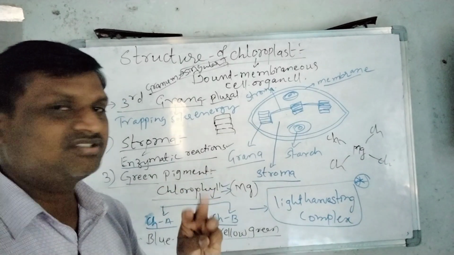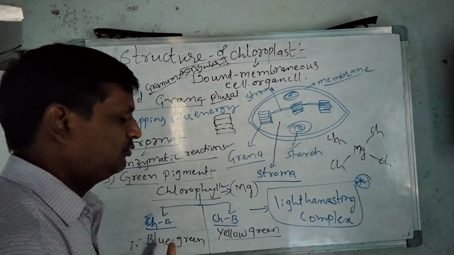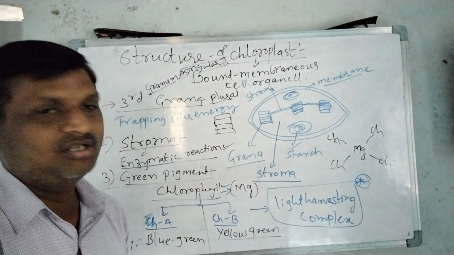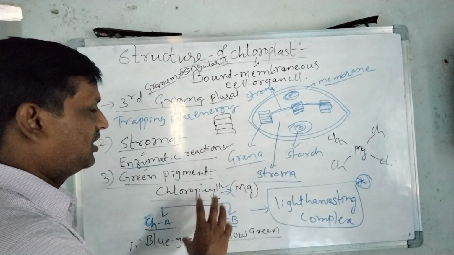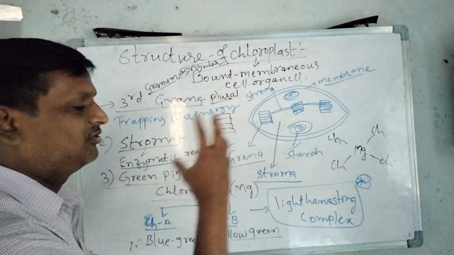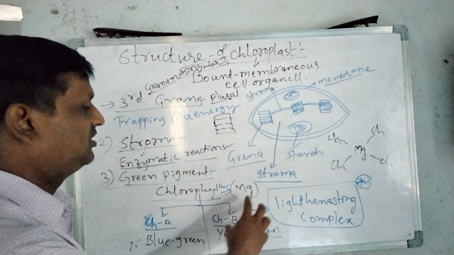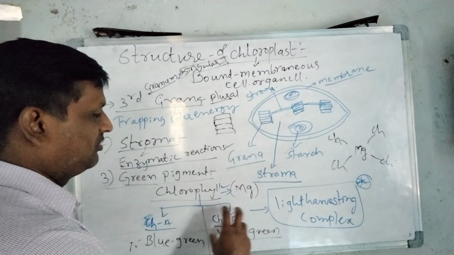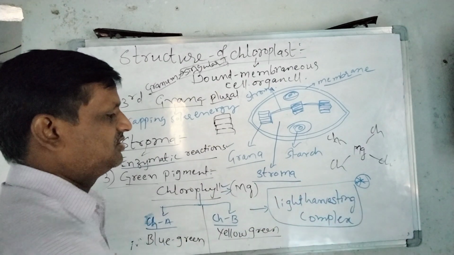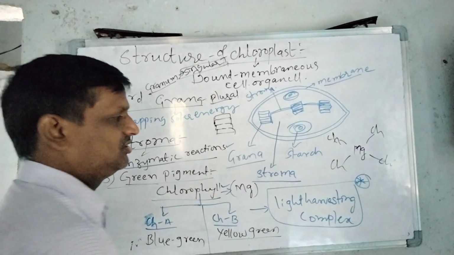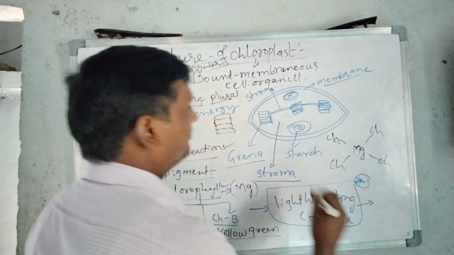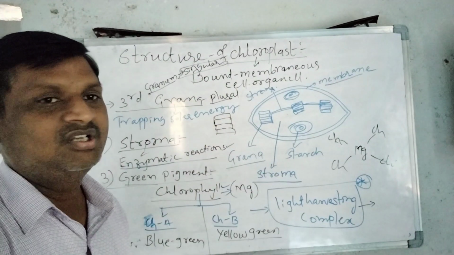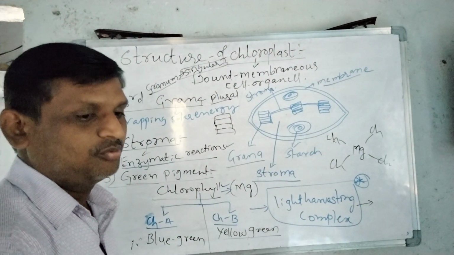Chlorophyll is classified into two types: chlorophyll A, blue green in color, and chlorophyll B, yellow green in color. Around 300 to 450 chlorophyll molecules are present in each chloroplast. Together they form a light harvesting complex, in which photosynthesis takes place. So this is all about the structure of the chloroplast.